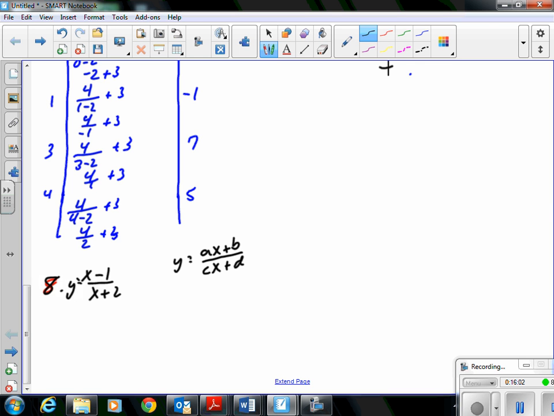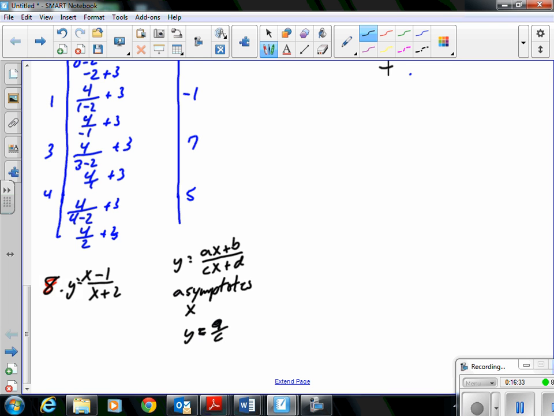And so our asymptotes in this format are going to be whatever value makes the denominator equal 0 is going to be our vertical asymptote. And then y equals a over c is going to be our horizontal asymptote.